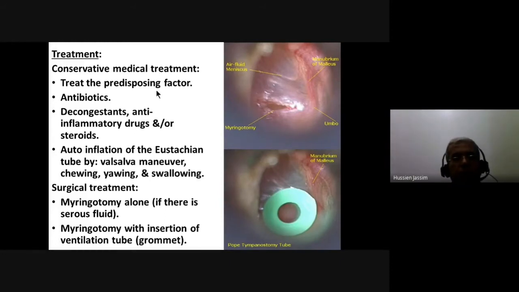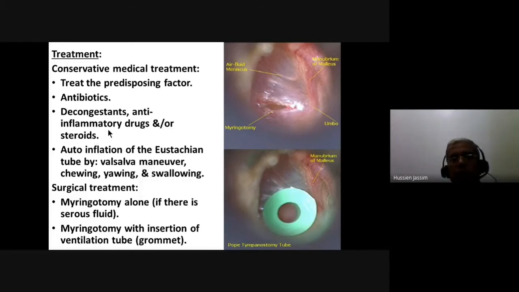The treatment: usually most of the patients will respond to medical treatment, conservative medical treatment, and we treat the predisposing factors, allergy, infection in the pharynx or sinuses, and we give decongestants, anti-inflammatory drugs with or without steroid.